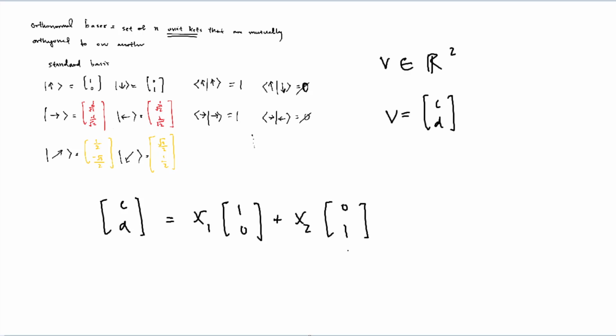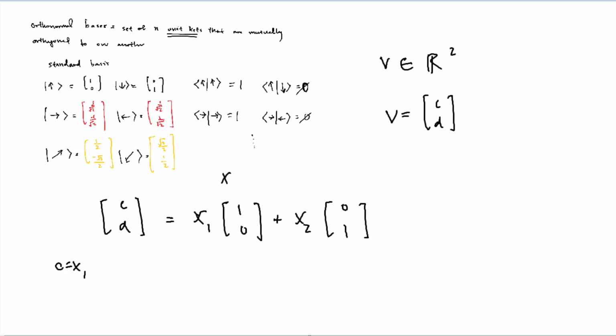That's quite clear, because based on what we see here, it's obvious that c is equal to x1, because x1 times 1 plus x2 times 0 must be equal to c, and because this goes to 0, we just have x1 times 1 is equal to c, which is just x1 on its own.